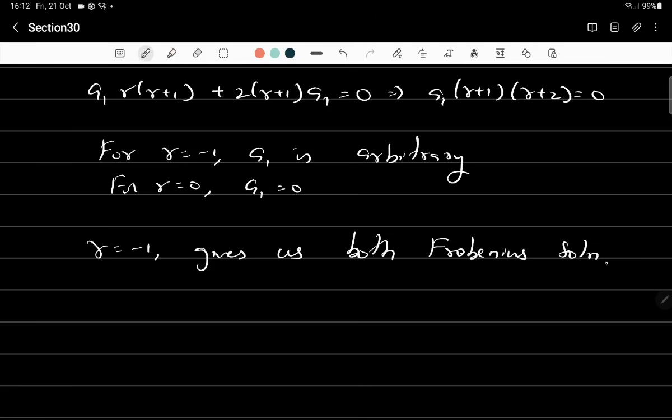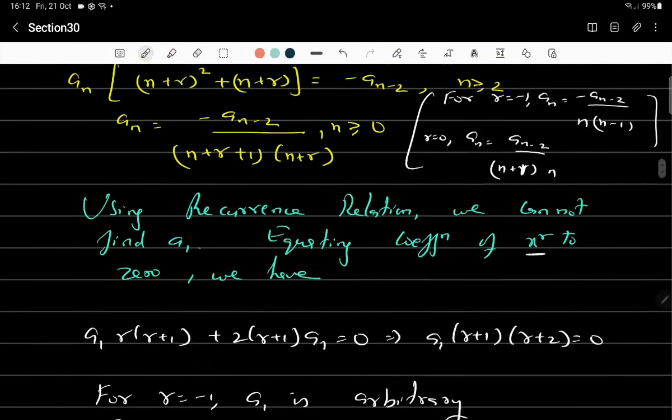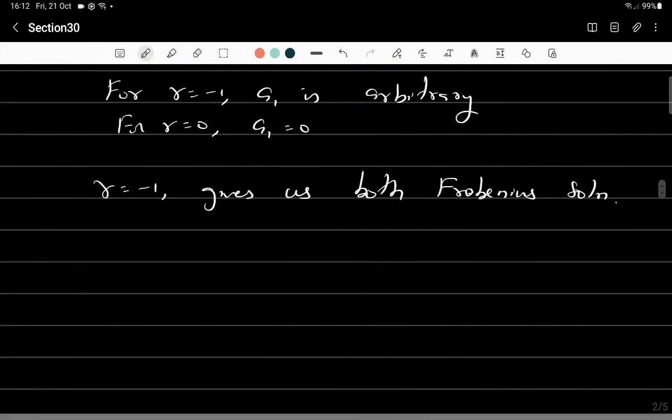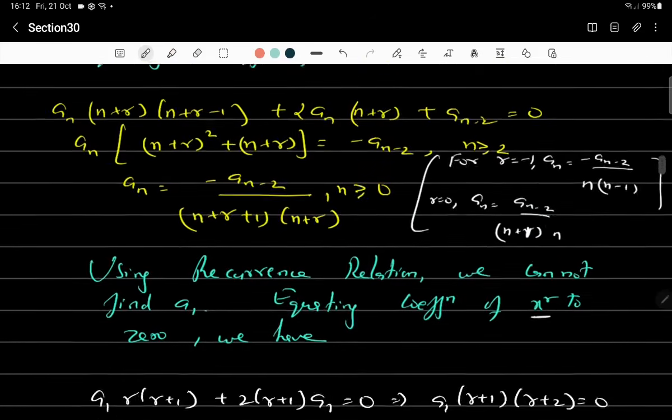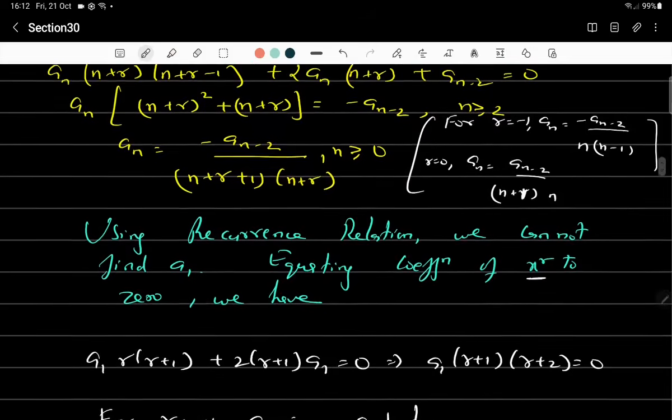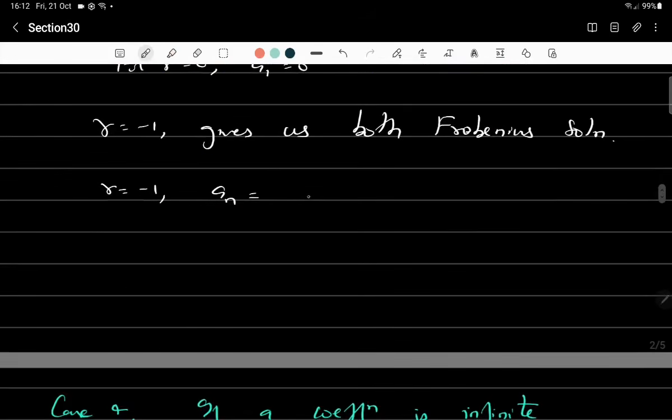Yes, now we have already computed how the recurrence relation looks for r is equal to minus 1: a_n would be minus a_(n-2) by n(n-1). Now quickly substitute the values.